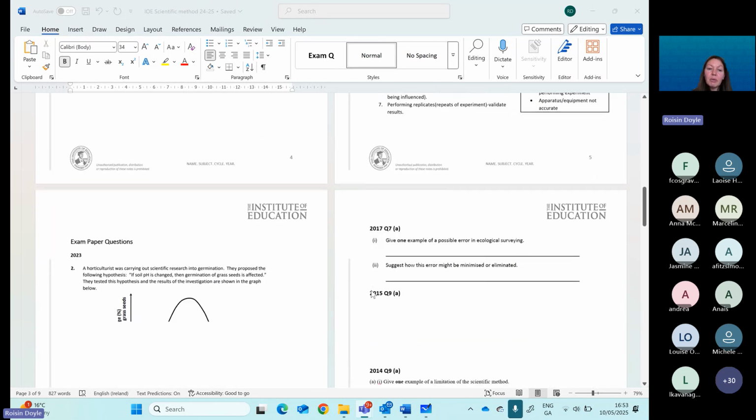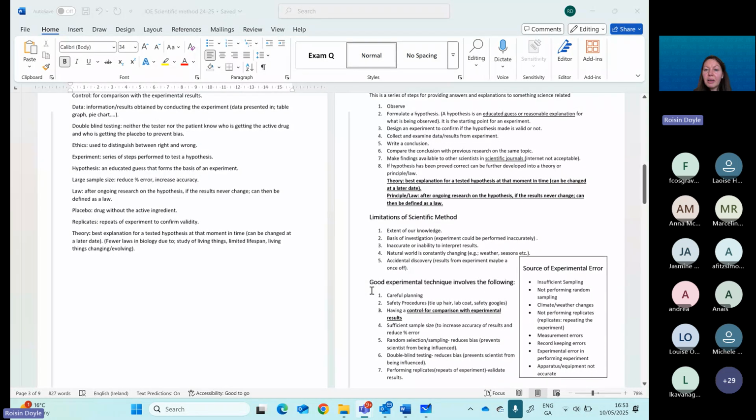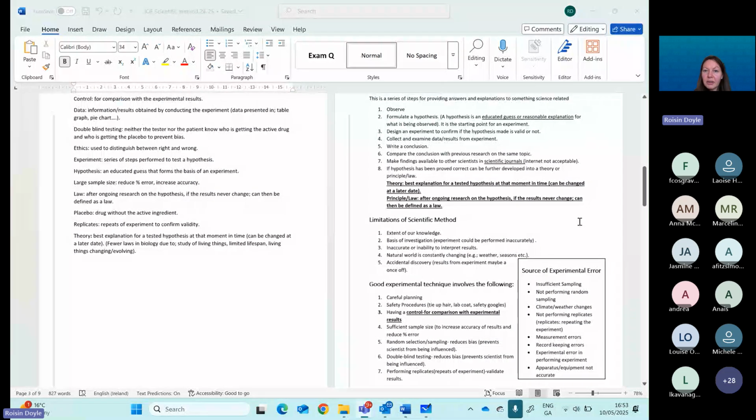The rest is just past paper questions. So there is everything I believe that you need to know for scientific method. So that's all they can ask you about.